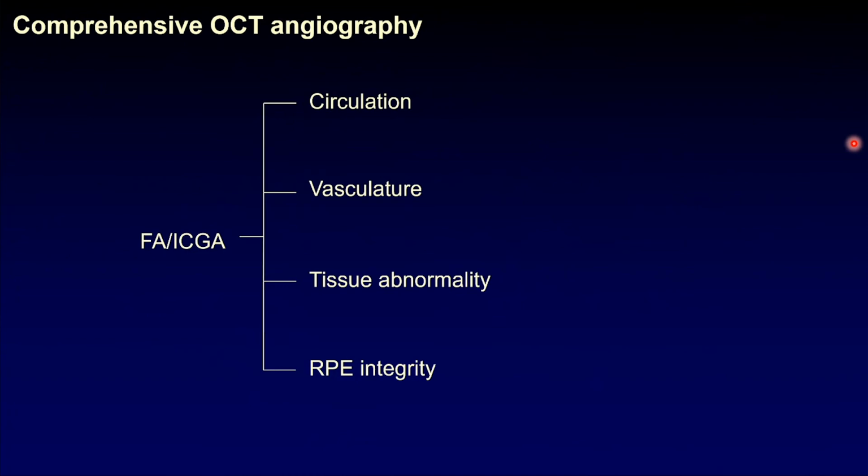To achieve comprehensive label-free angiography by using OCT, we need to achieve the imaging of these four properties. Okay, so the question is whether it is possible or not. And surely the answer is yes. For example, Doppler OCT can measure the circulation.